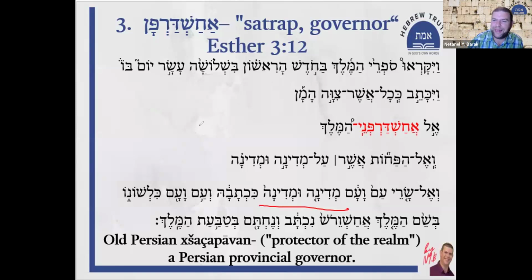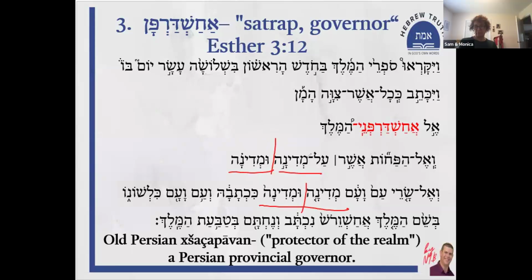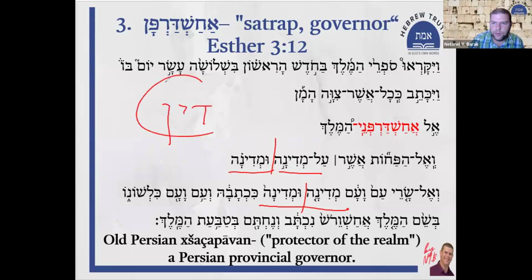So Medina, you see the root of Medina. It appears four times here. What is the root of Medina? From Dinah? Not from. The mem here is not a preposition. But the root indeed is daled yod nun. What does it mean? We had it earlier today.